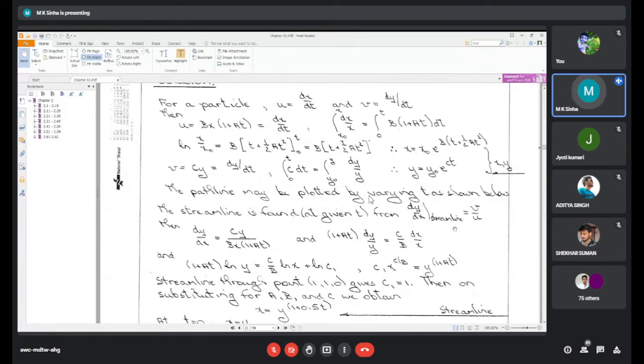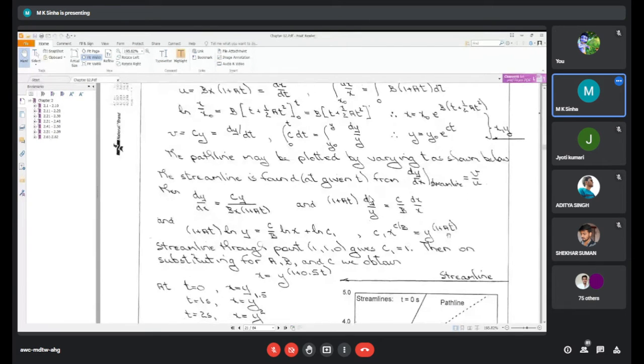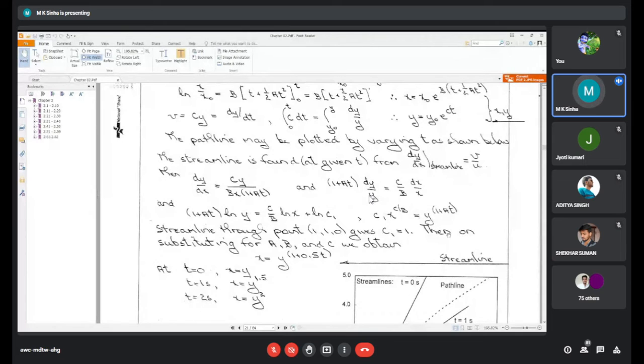And a streamline problem we have discussed. So for a streamline, dy/dx gives ln y equals c1 x, and this streamline passes through 1, so you may find the constant.